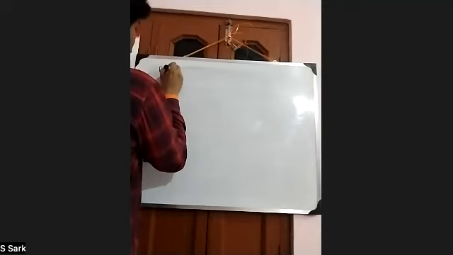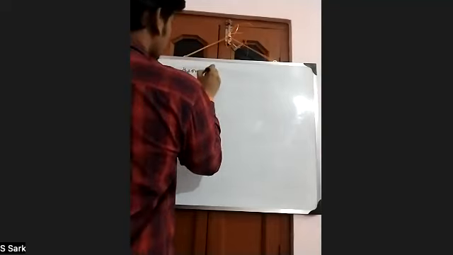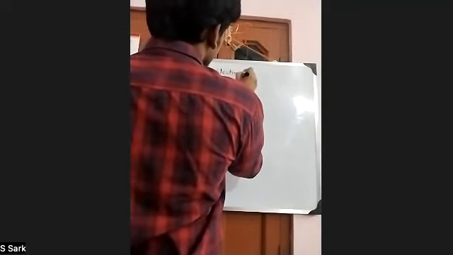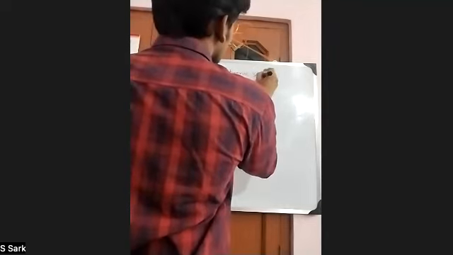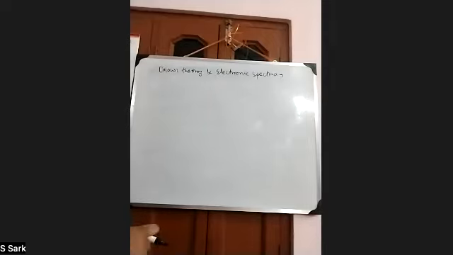Yes, sir. So in case of color theory and electronic spectra, we will see the configuration of the d orbital or the f orbital according to the element.